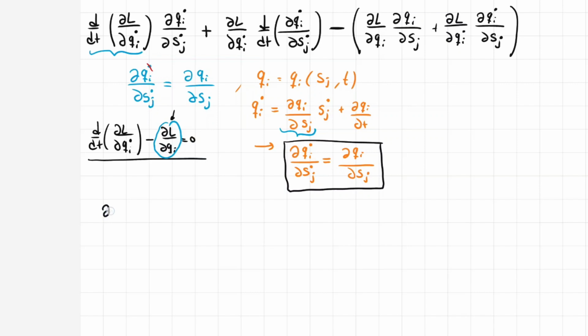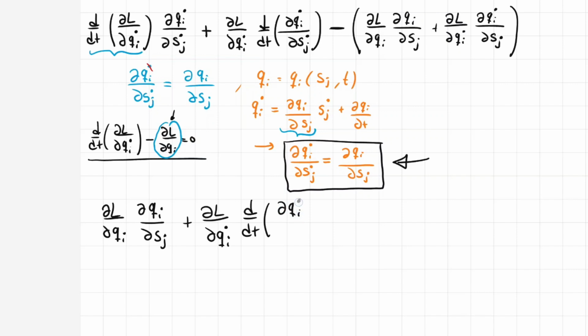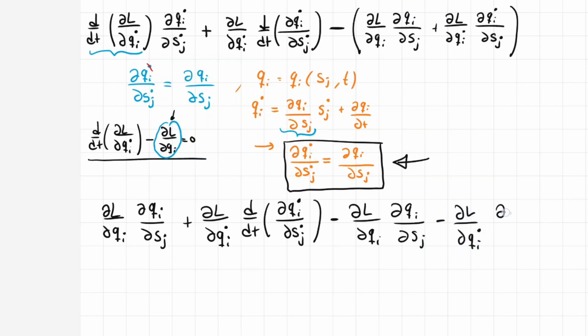So we can rewrite the equation that we have as follows. It will be the derivative of the Lagrangian with respect to qi times the derivative of qi with respect to sj by using this formula, and then plus the derivative of the Lagrangian with respect to qi dot, and then times the derivative with respect to time of the derivative of qi dot with respect to sj dot, like this, and then minus the derivative of the Lagrangian with respect to qi times the derivative of qi with respect to sj, and then minus the derivative of the Lagrangian with respect to qi dot times the derivative of qi dot with respect to sj.